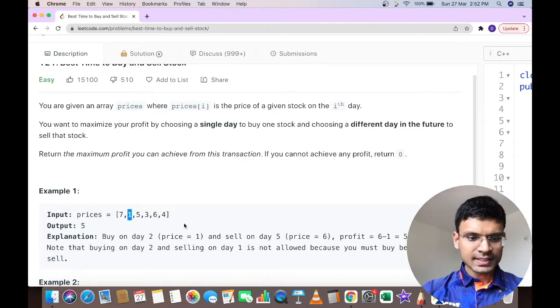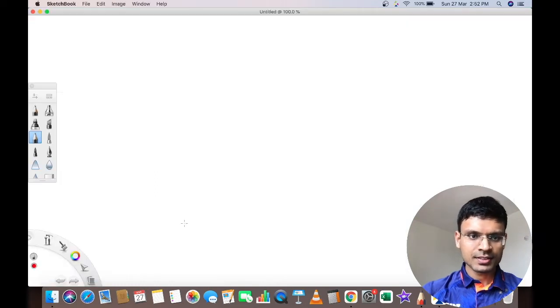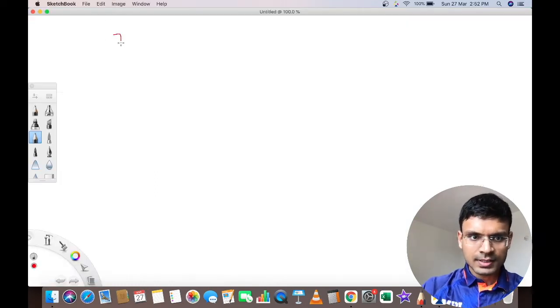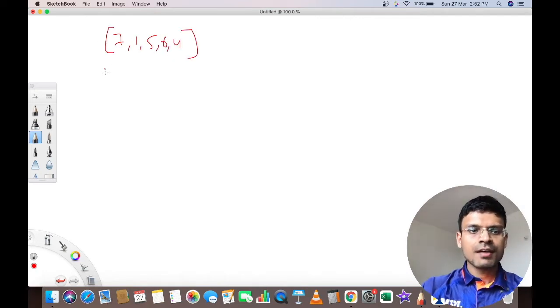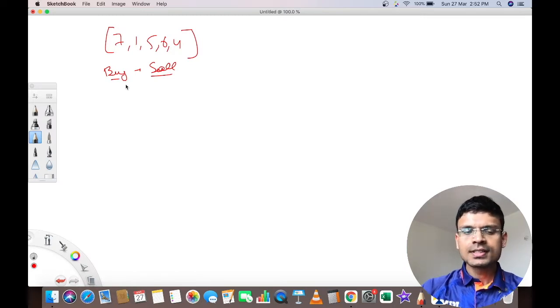So let's see how we can maximize the profit and what algorithm we can use. In this example 7 1 5 6 4, this was the array we were given, right? We have to buy a stock first and then sell that stock. The basic intuition is that we need to buy a stock at the price which is minimum, and we want to sell the stock at a price which is maximum.